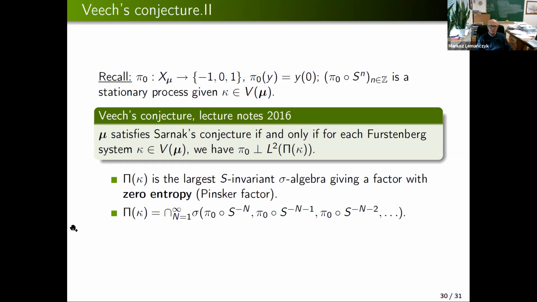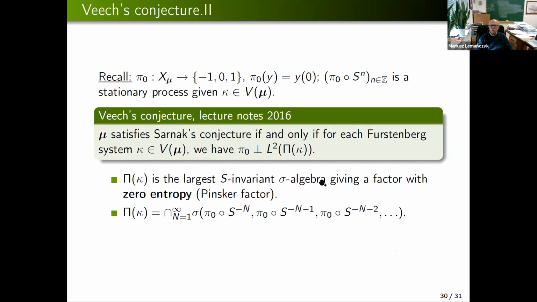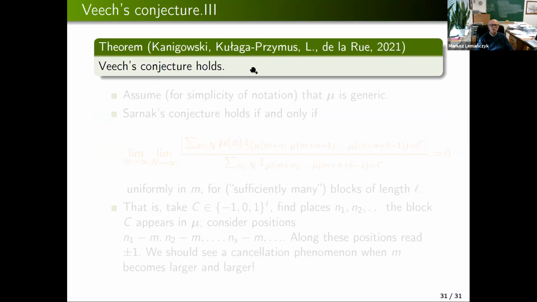That's called the tail sigma algebra of the corresponding process, and this is exactly the Pinsker factor. So in a sense, I can approximate this Pinsker factor. And what we proved, and that was the aim of this talk, maybe in 2020, but this year we submitted this for publication, is that Veech's conjecture indeed holds.